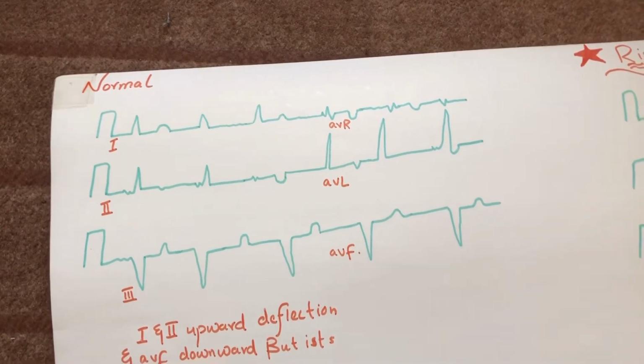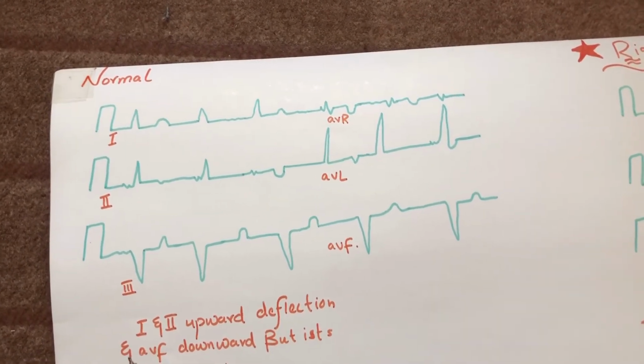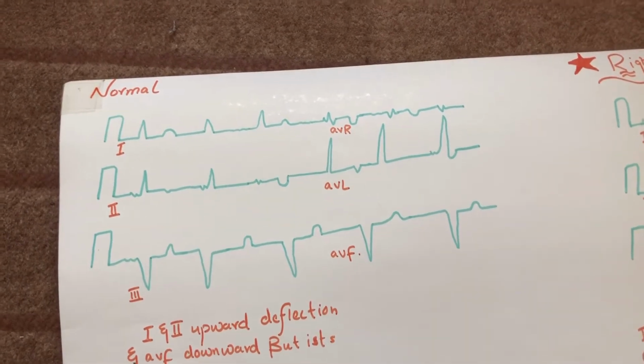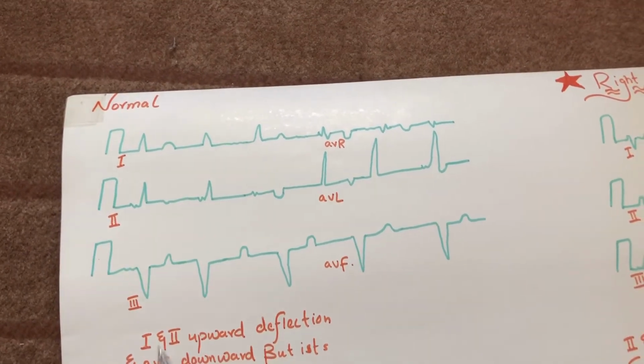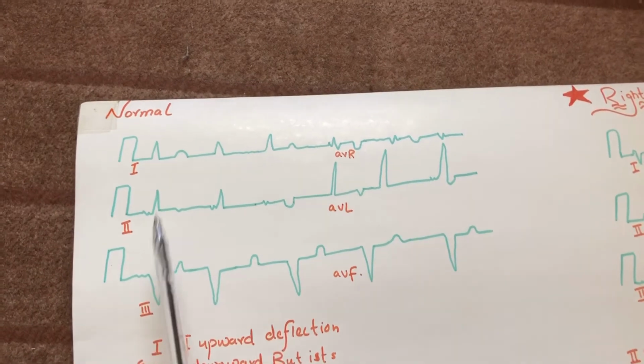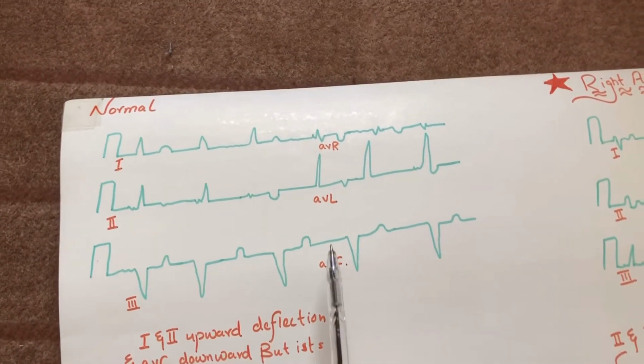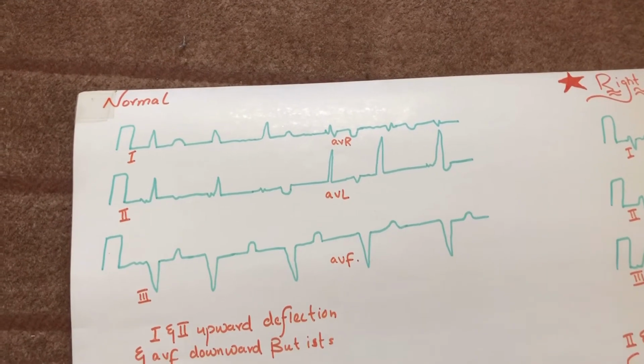Along the way we are going to study that whenever we get confused, we go to lead number 2, but here it's actually normal. Leads 1 and 2 are upward deflection and AVF is downward, still it's a normal axis.